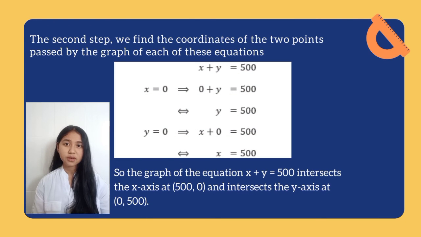The second step, we find the coordinates of 2 points on the graph of each of these equations. Usually, the points selected are the intersections of the graph of the equation with the x-axis and the y-axis, where x equal to 0 and y equal to 0, so we must substitute x equal to 0 and y equal to 0. So the graph of the equation x plus y equal to 500 intersects the x-axis at (500,0) and intersects the y-axis at (0,500).